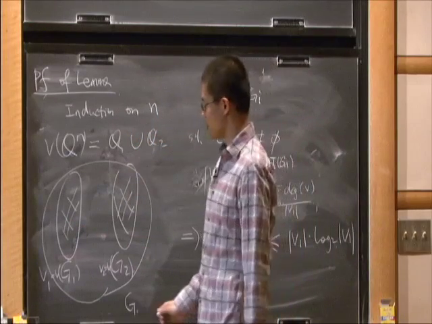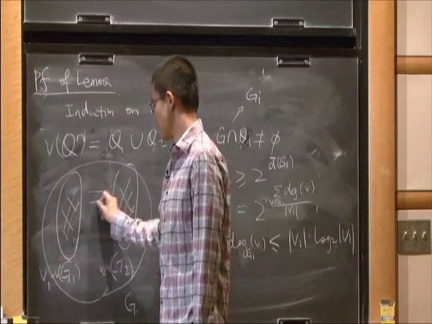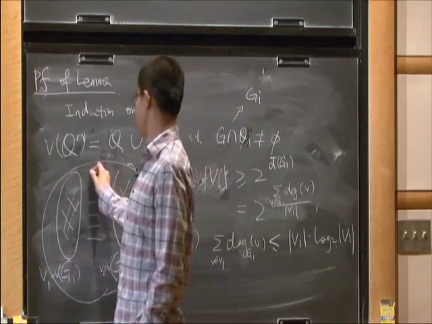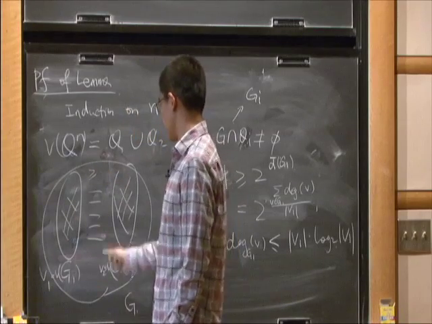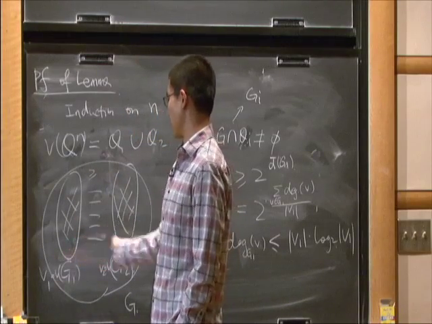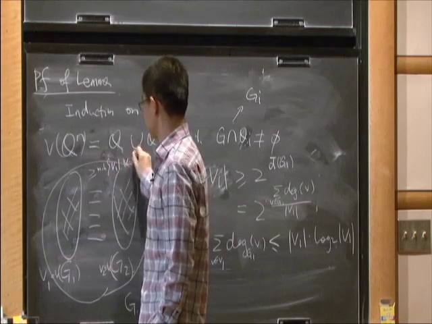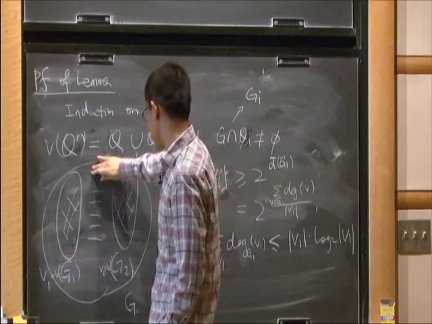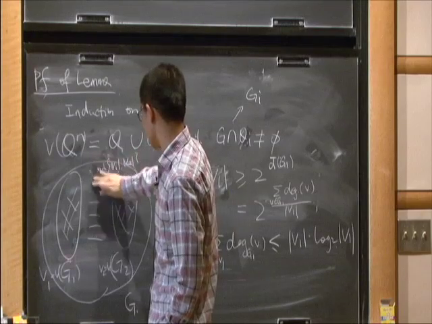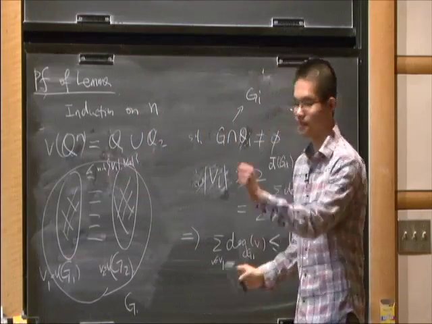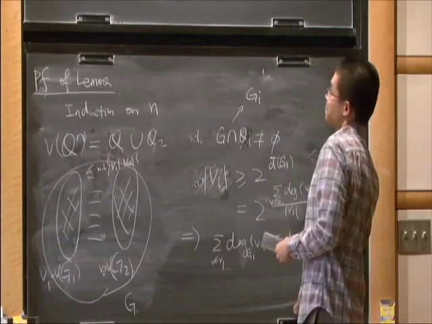And we know that the number of edges between these two subgraphs is at most the size of the smaller one, because it's a hypercube.